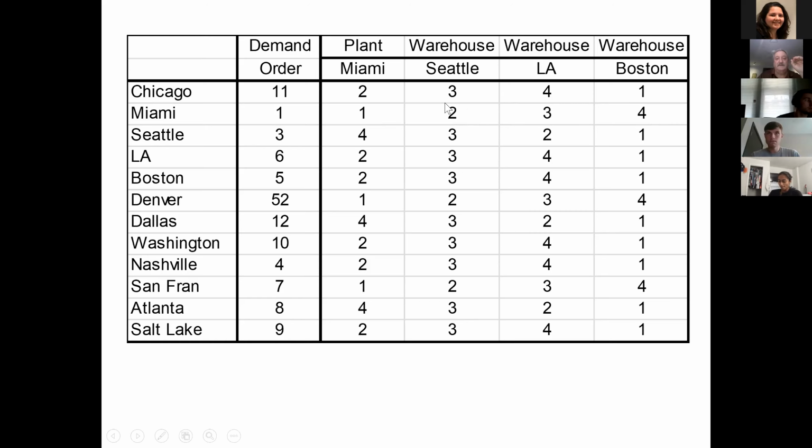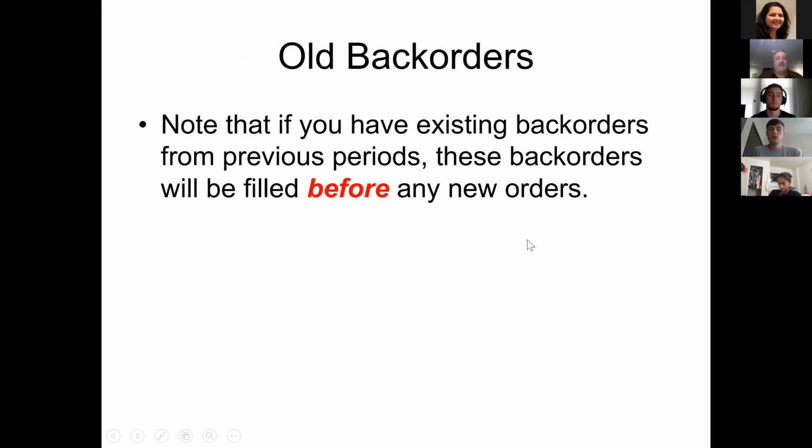In this case, this would be a stupid decision. You would want to fulfill your demand in Miami from your warehouse in Boston because it's closer to Miami, right? So the point is that the numbers in this column will be the integers 1 to 12, and here you'd have integers 1 to 4. If you have back orders, they have to be filled before any new orders are filled.